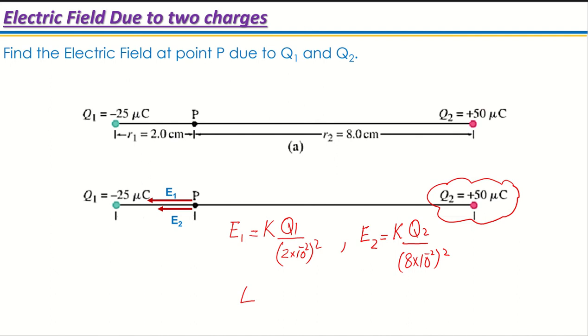The resultant electric field will be E1 plus E2. We are taking the left side as positive, so the resultant electric field will be towards the positive direction. You are only supposed to put the value of K, which is 9 into 10 to the power 9, and the values of Q1 and Q2.